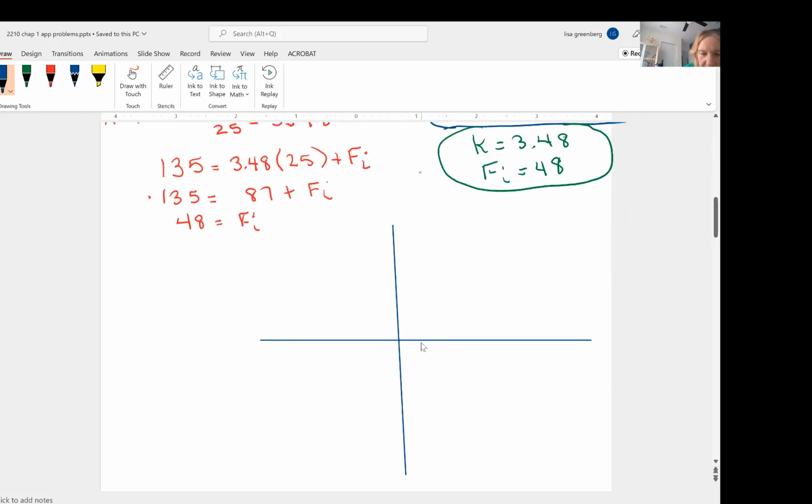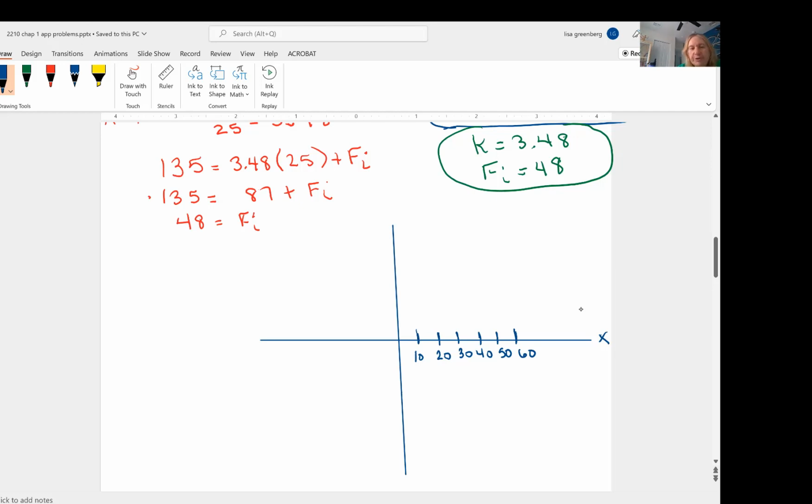So I'll make some tick marks here. And since our x values, this is our x-axis, since our x values right now we know are 25 to 50, why don't I make these 10 each? So 10, 20, 30, 40, 50, I'll go to 60.